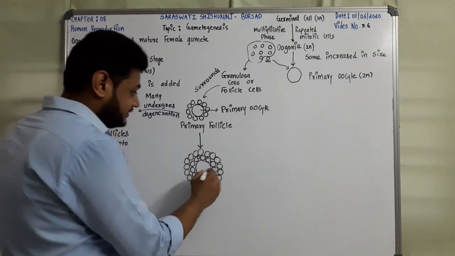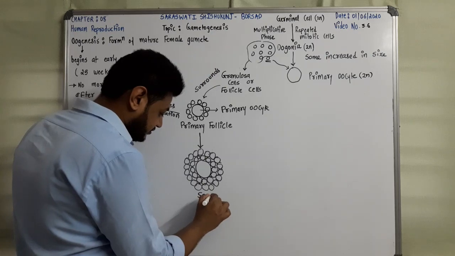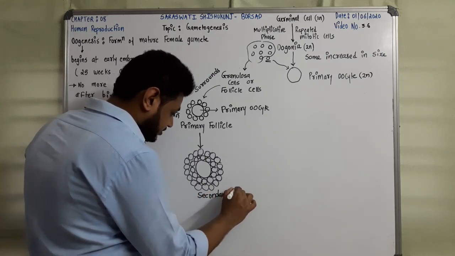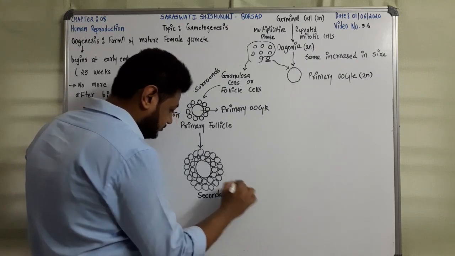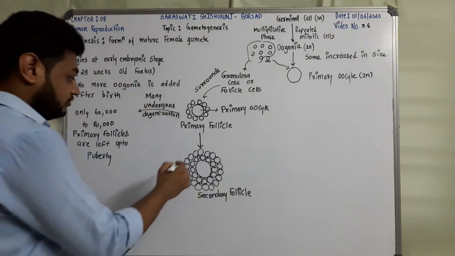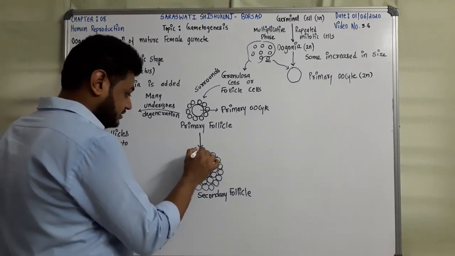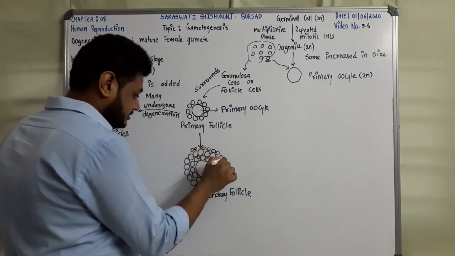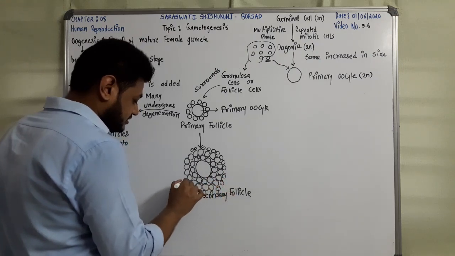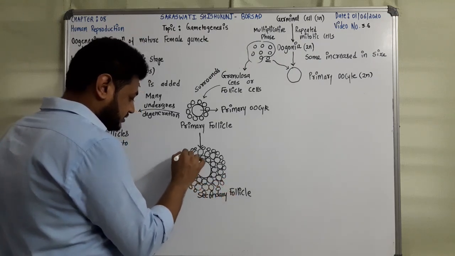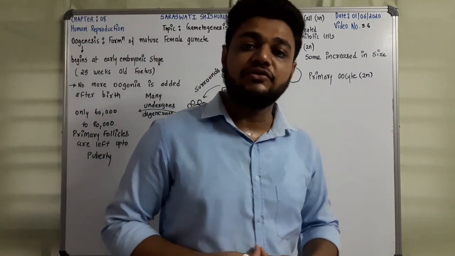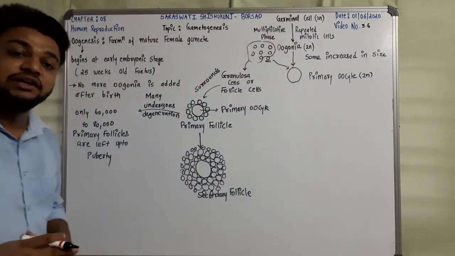This is called the secondary follicle, and a new theca is also formed. A new layer is formed in the secondary follicle. A theca, which is a group of cells having endocrine function.